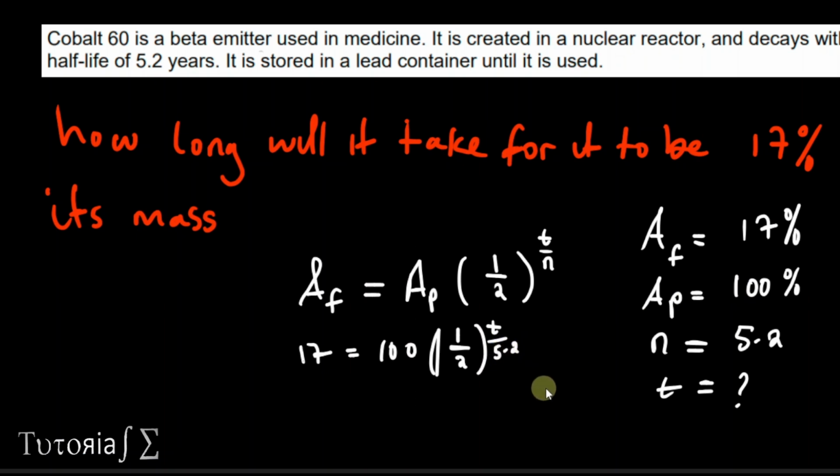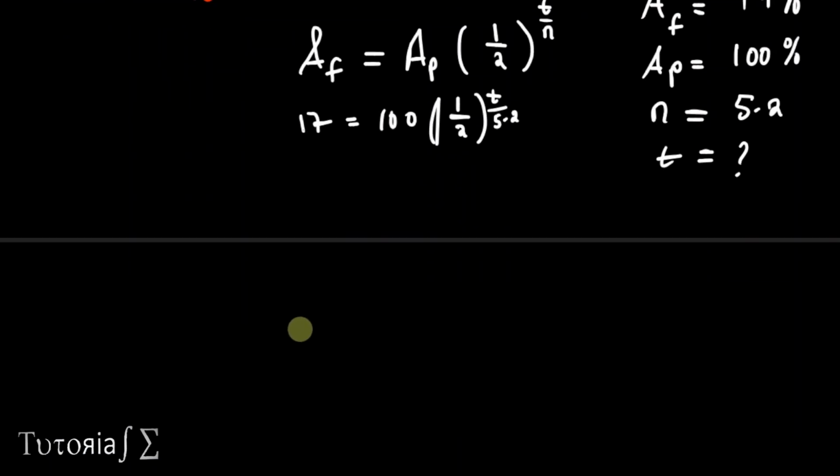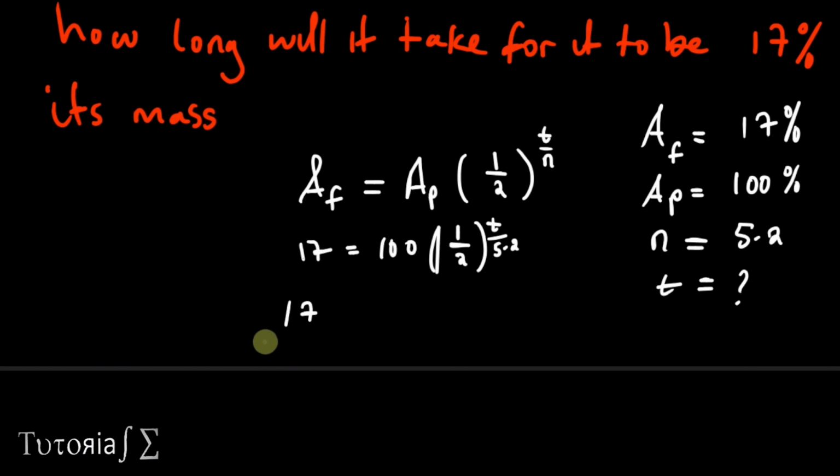So you can work that one out. Let's do it together. 17 will be equal to 100, open bracket 1 over 2, close bracket, to the power T over 5.2.